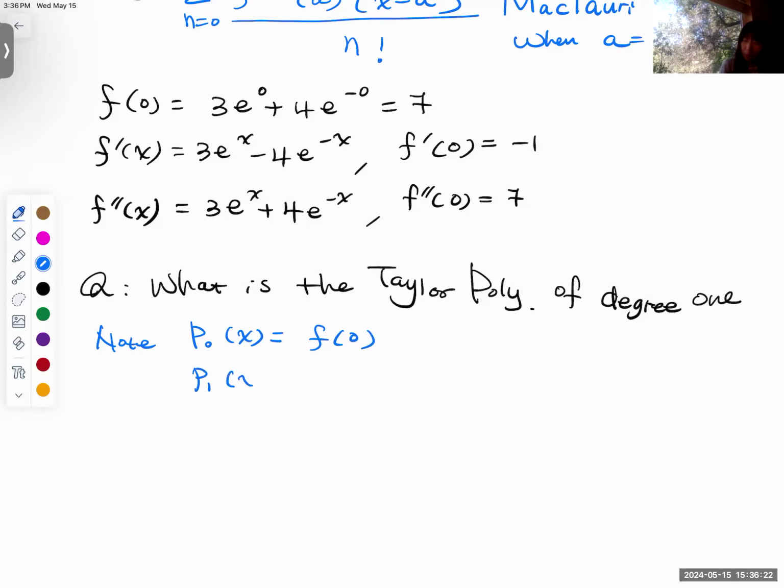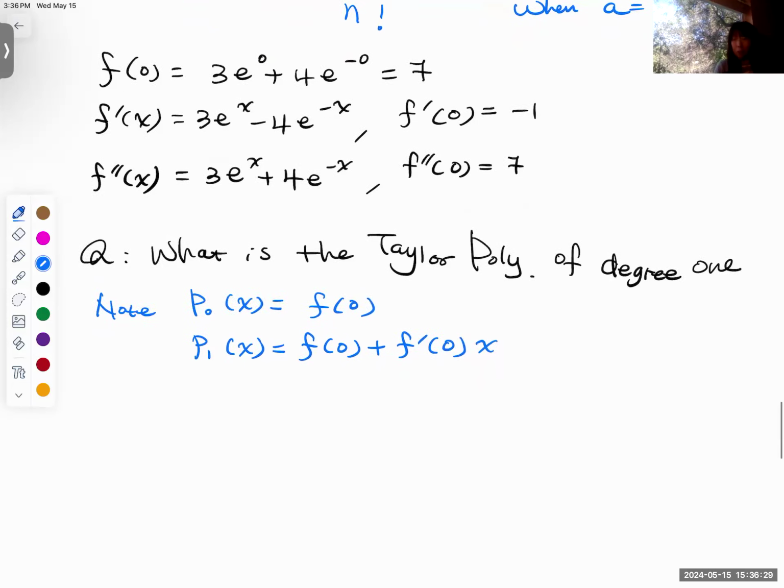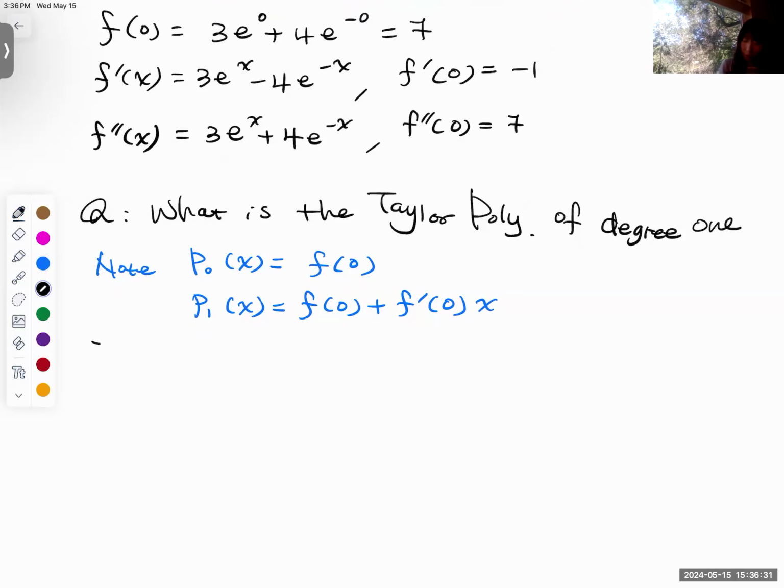P sub 1 of x equal to f of 0 plus f prime of 0 times x. Then they give us this notation, T sub 1 of x, which will be P sub 1 of x, which is f of 0 plus f prime of 0 times x.